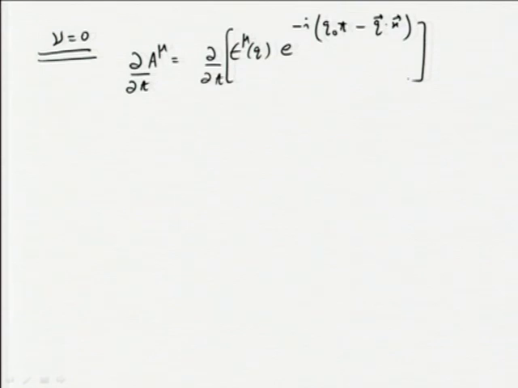There is only one place where t appears on the right-hand side, the exponential e^(-i q_0 t).